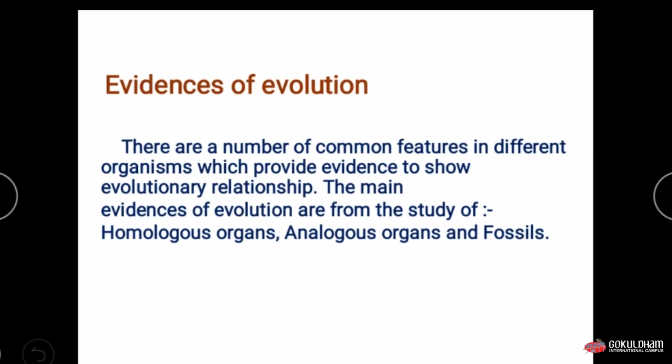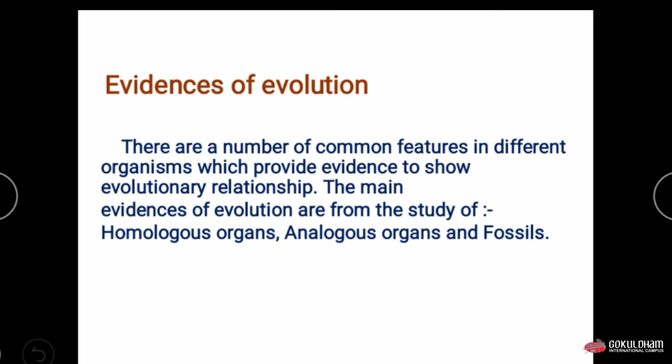Now, what is the evidence of evolution? We study about evolution and talk about evolution, but what is the evidence of this evolution? That evolution takes place in a particular manner. So there are different kinds of evidence present which indicate that there is an evolution process. There is a process called evolution that takes place in organisms.